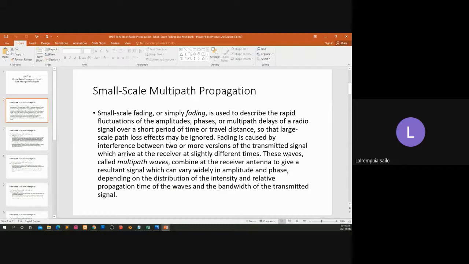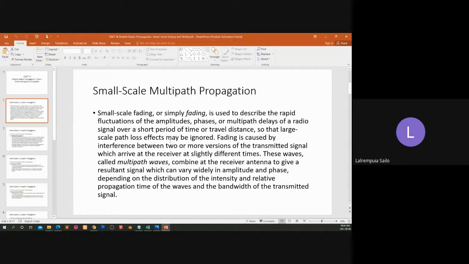Also, fading is caused by the interference between two or more versions of the transmitted signal which arrive at the receiver at slightly different times. So from the tower, the multipath signal is transmitted and there is interference.